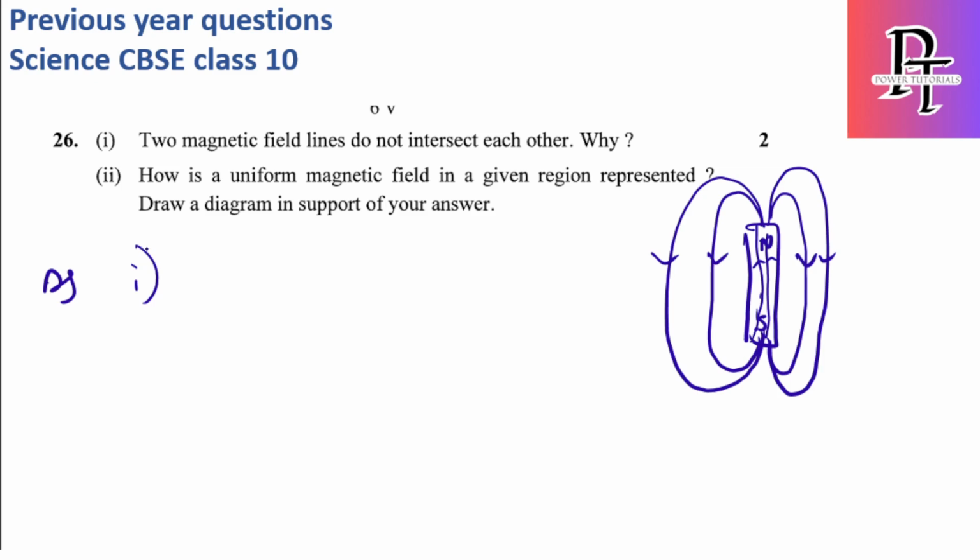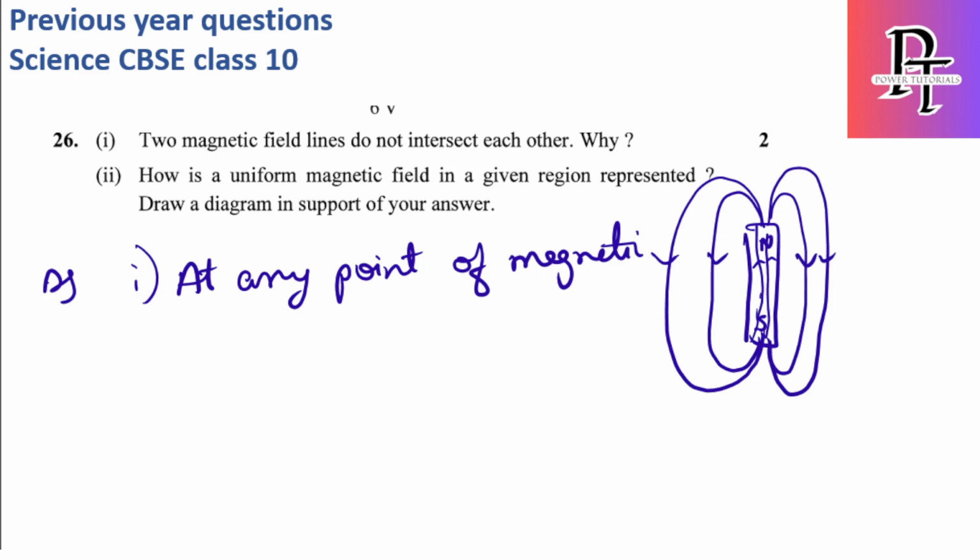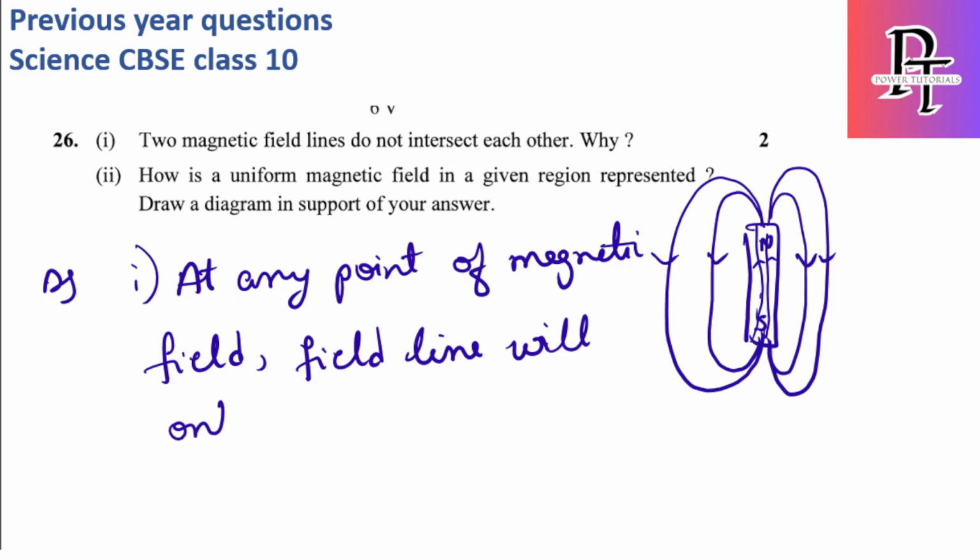Why? Because at any point of the magnetic field, the field lines will only have one direction. To intersect, they would have to have two directions. So lines cannot intersect.